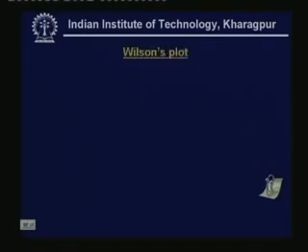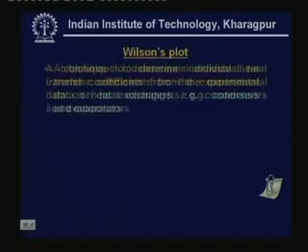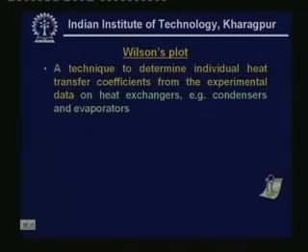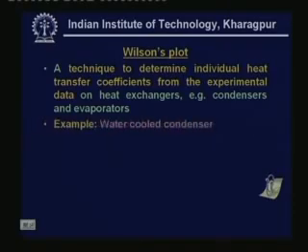Now let us quickly look at what is known as a Wilson's plot. This is a technique to determine the individual heat transfer coefficients from the experimental data on heat exchangers, for example condensers and evaporators. For example, take a water cooled condenser.